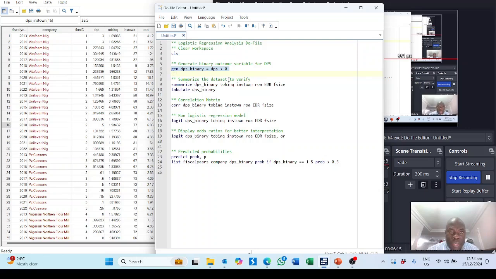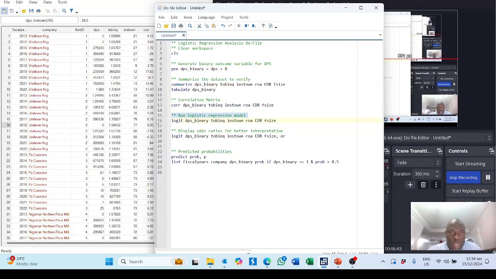We needed to generate the binary outcome variable for dividend payout, and that's the command. After that, we have the summary statistics. We are given a summary of the variables of interest that we are looking at. After that, we have the correlation matrix that we will run. The command for the correlation matrix is as shown on the screen.